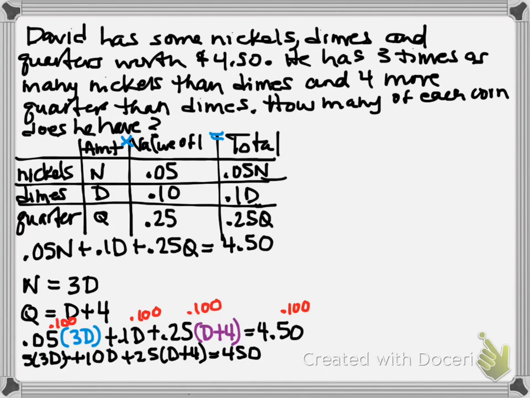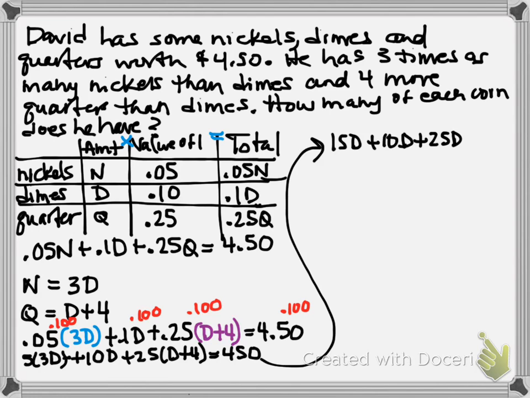So now I'm just going to start solving the problem. Now I'm going to bring this up here, and I multiply. 5 times 3D is 15D, and then I have a 10D, and then I have 25 times D is 25D, and 25 times 4 is 100, and then that equals the 450. So now I'm going to add up. What's 15D plus 10D? 15 plus 10 is 25D.